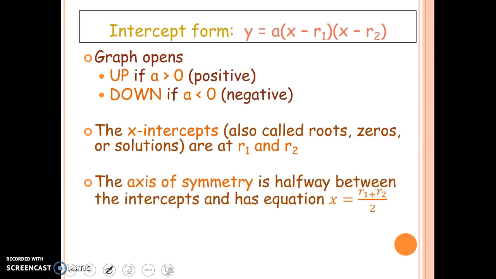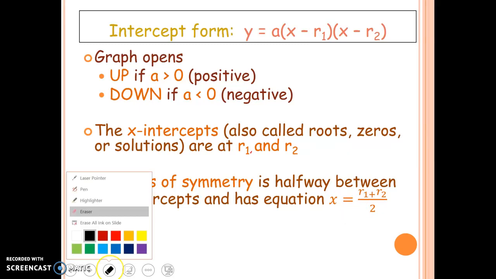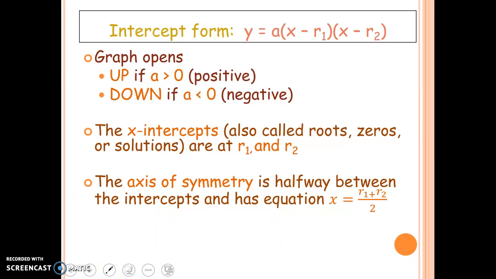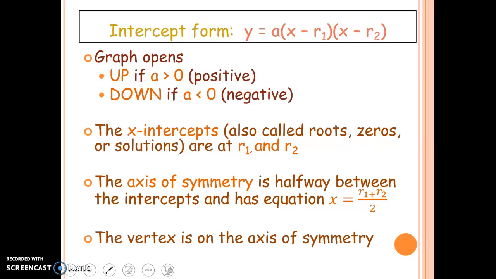The axis of symmetry, because if you think about it, the x-intercepts are R1 and R2, the vertex should be right in the middle of those, and so to get the axis of symmetry, we're going to use this formula right here: x equals (R1 plus R2) divided by 2. And then, of course, the vertex is going to be on the axis of symmetry. So once you have found the x coordinate, then you will plug it in to get the y coordinate.